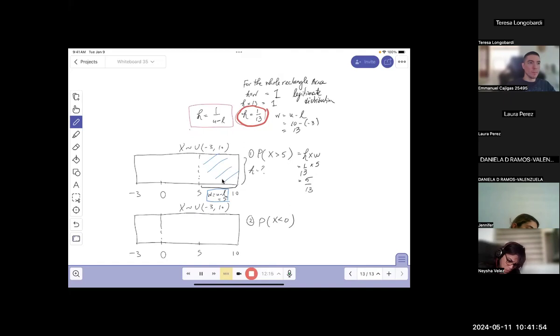Okay, so for the second one, all you're going to do is the same thing. Height times width. The height is 1/13. The width is going to be between here and here. Again, upper minus lower, but it's going to be 0 minus negative 3, which is 3. So it's times 3.